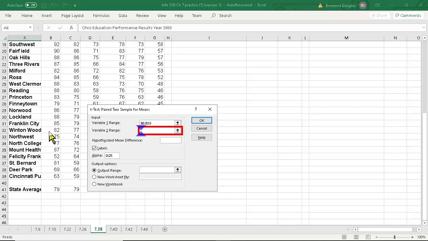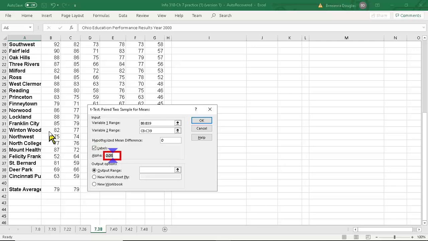We will then do the same for reading, which is in cell C8 through C39. We will enter the hypothesized mean difference, which is 0 in this case. We will check labels because I included the labels, which are located in cells B8 and C8.